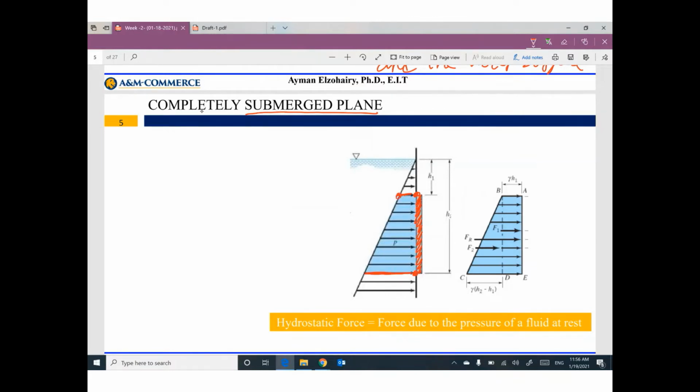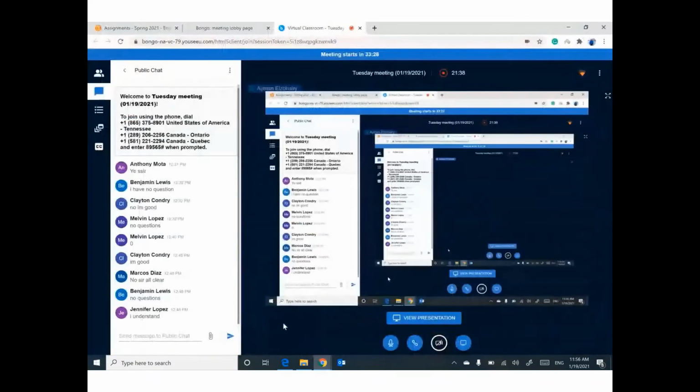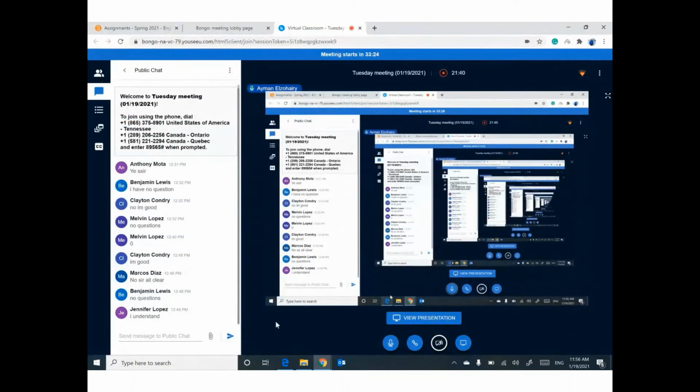If you connect this value and this value, you get a shape that looks like a trapezoid. If you would like to get the equivalent force F, you have to get the area of this trapezoid. Any question? If you have any question, let me know.